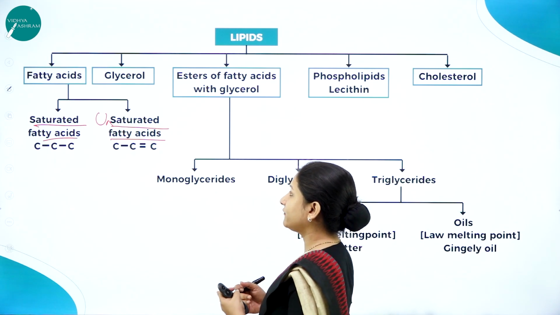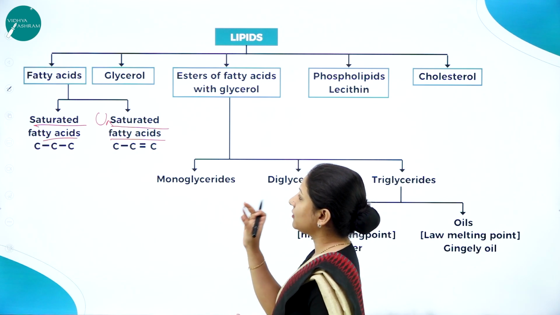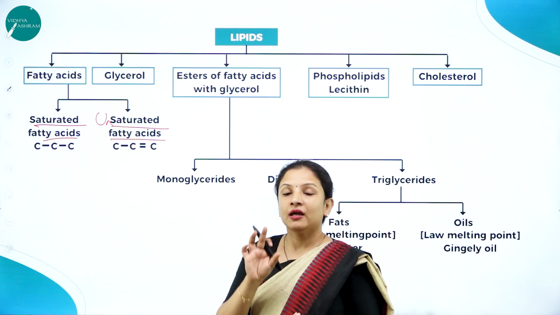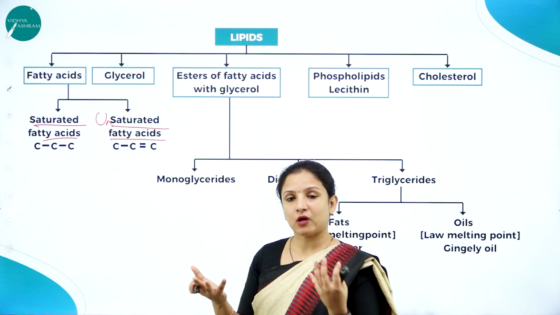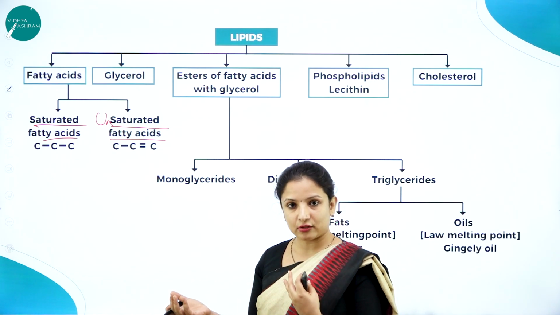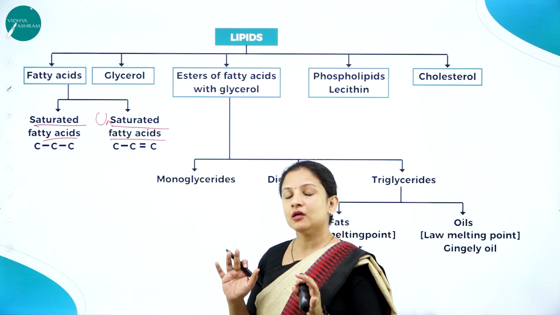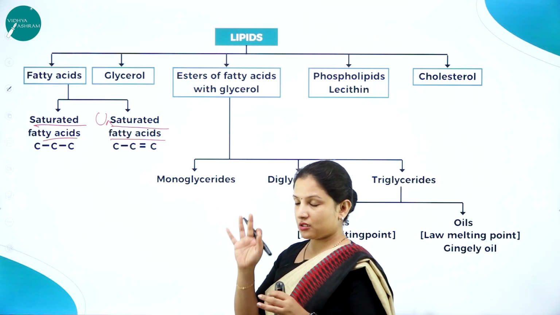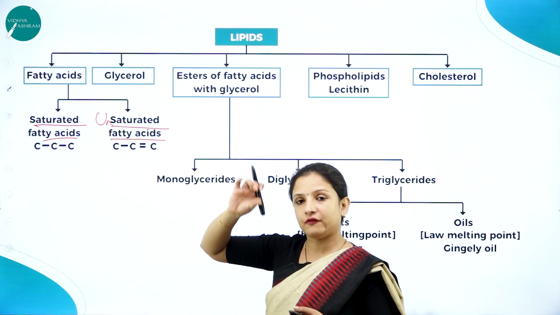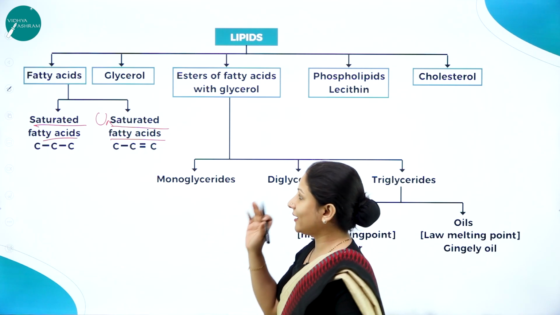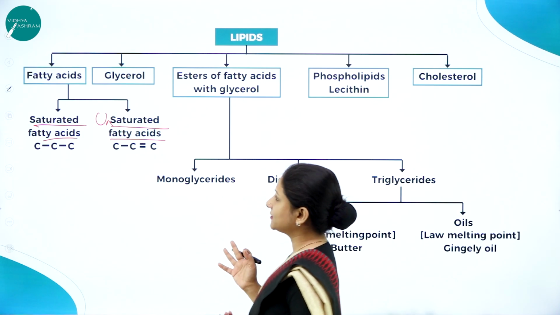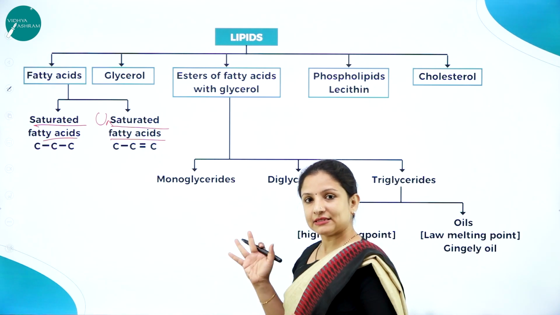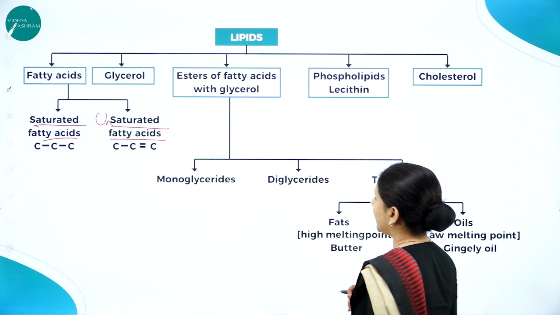Unsaturated fatty acids means between the carbon atoms there lies a double bond. It can be between one or two carbon atoms, or more, but if anywhere in the fatty acid chain you find a double bond, then it is called an unsaturated fatty acid. So that is about saturated and unsaturated fatty acids.